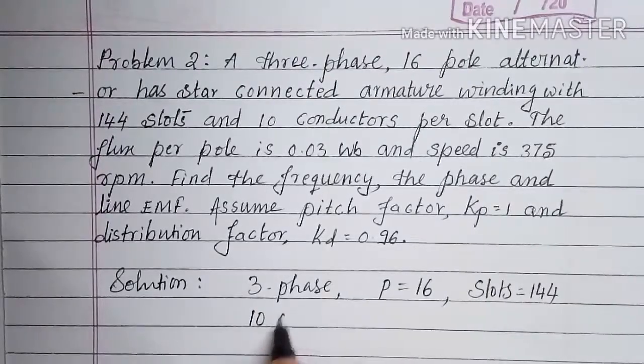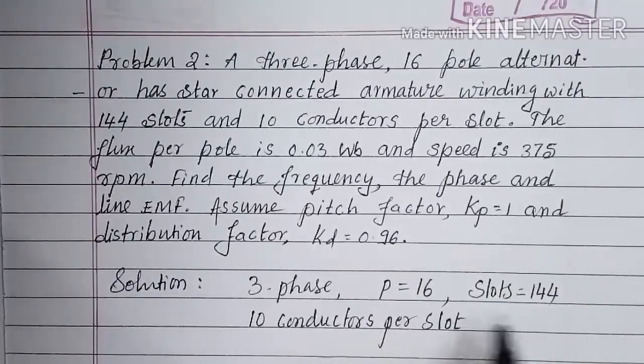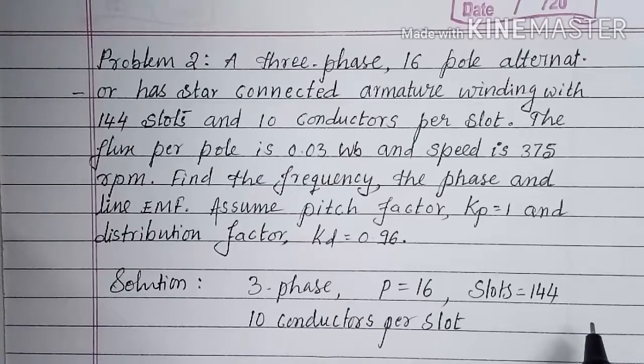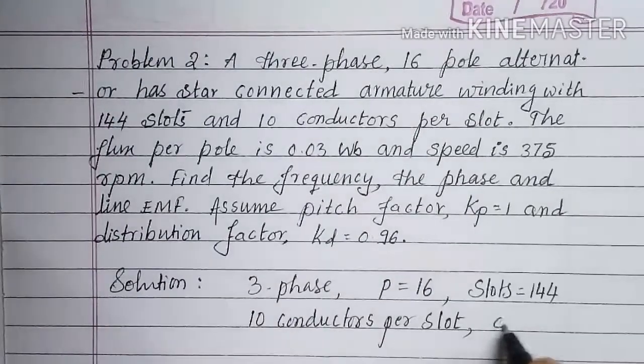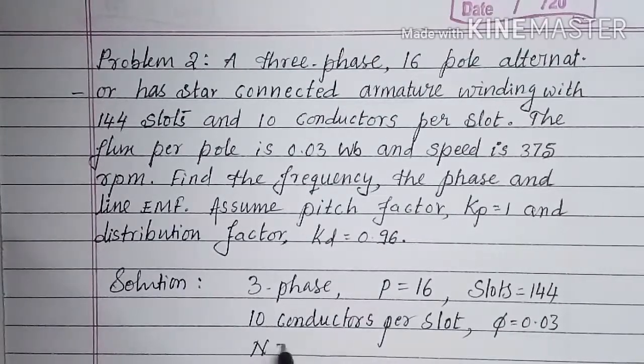There are 10 conductors per slot. The flux per pole is 0.03 Weber. Speed is 375 rpm.